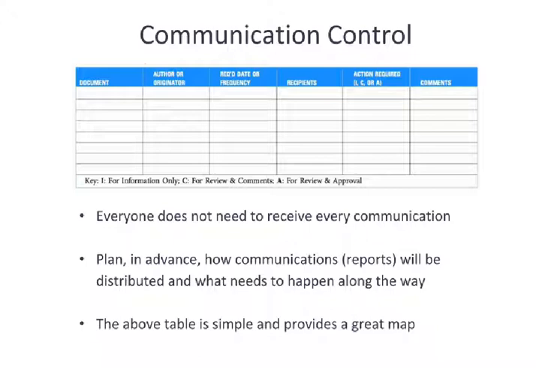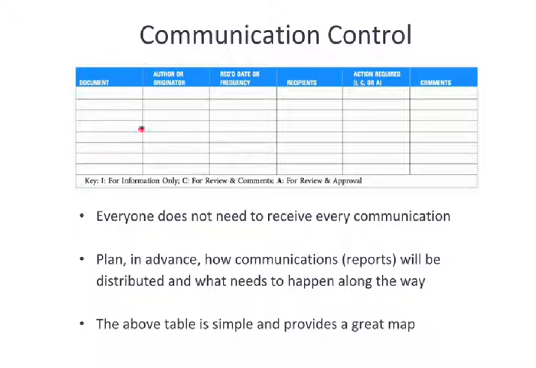Not everyone needs to receive every report. In fact, it overwhelms people if they receive every report. The inclination on a team is to assume that if I receive the report, I'm somehow supposed to read it and know about it. Well, if they don't need to know that information, it just bogs them down to receive it. So the book presents a communication control table as a tool to help with this.